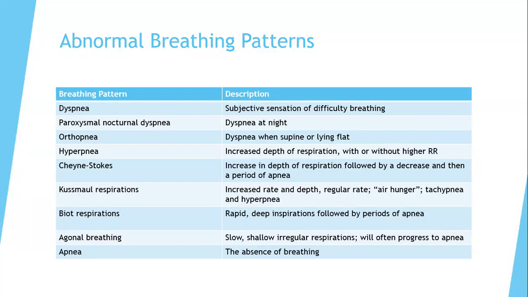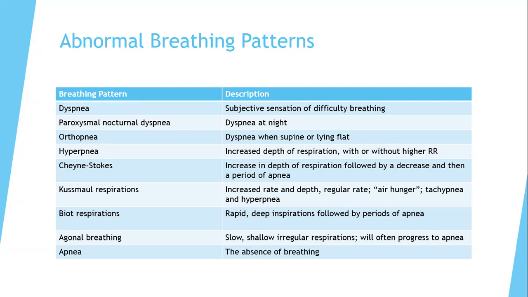Abnormal breathing patterns we'll talk about in several places during this respiratory chapter, and we will revisit this when we talk about pulmonary rehab in the special topics class. Dyspnea is the subjective sensation of difficulty breathing or shortness of breath.